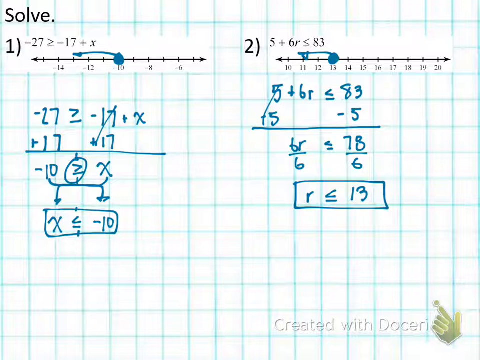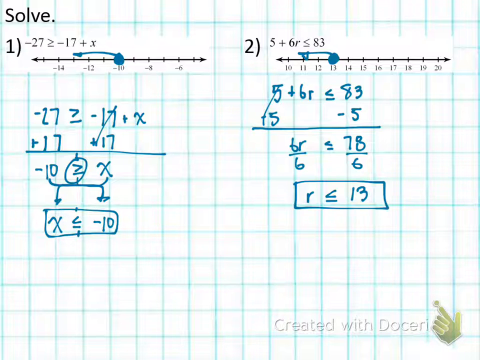Will the answer be different if you subtract 6 from the r, or do you have to divide? I had to divide because this is like saying 6 times r. Was I supposed to subtract 6 someplace? No, like instead of the 5.